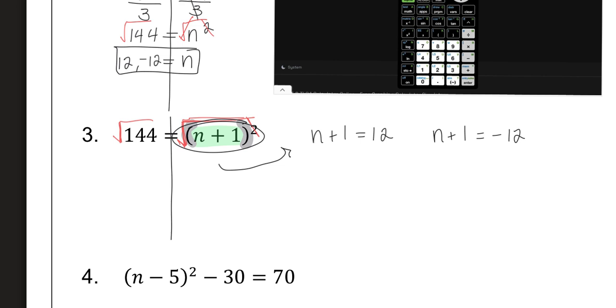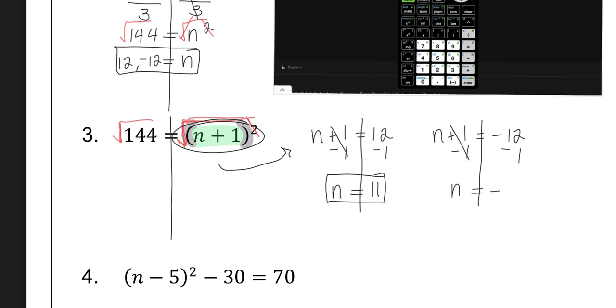Now these are just one-step equations that I can solve. So we can subtract 1 to cancel. So we either get n equals 11, or on the other side we're going to subtract 1 as well, but now we have negative 12 minus 1, which gives us negative 13. So those are my 2 answers.